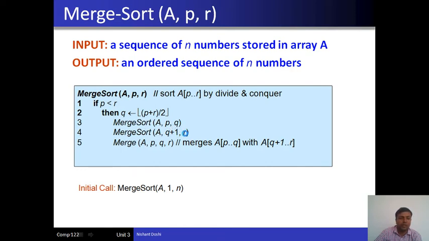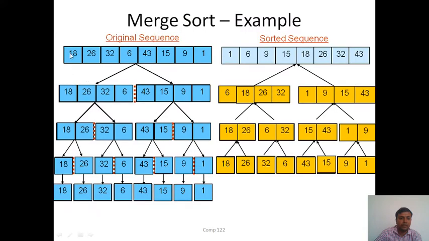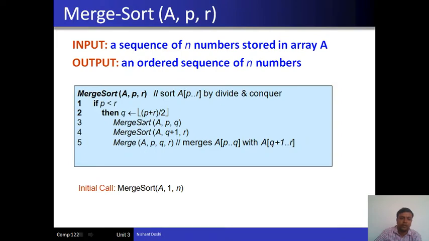So in our example, this is from p to r, the q is in between, so this is p to q and q plus 1 to r, that we are going to call. Once we have both done the sorted part, then we have to merge. Ultimately we are merging two sorted arrays, one is from p to q, second is from q plus 1 to r.